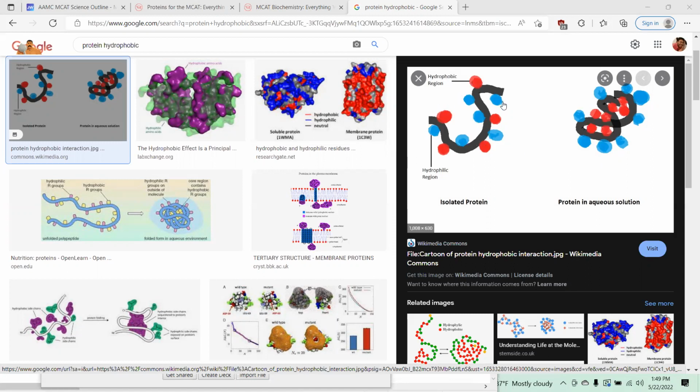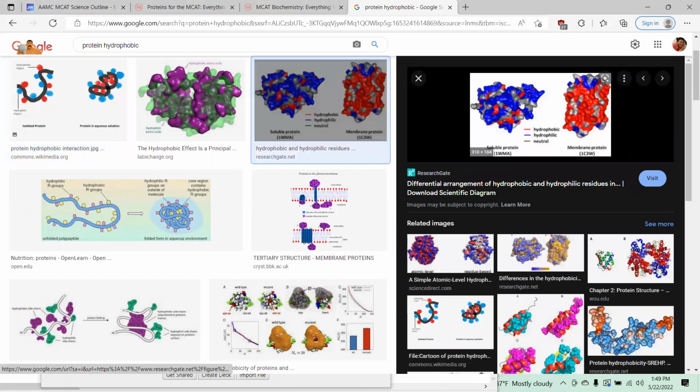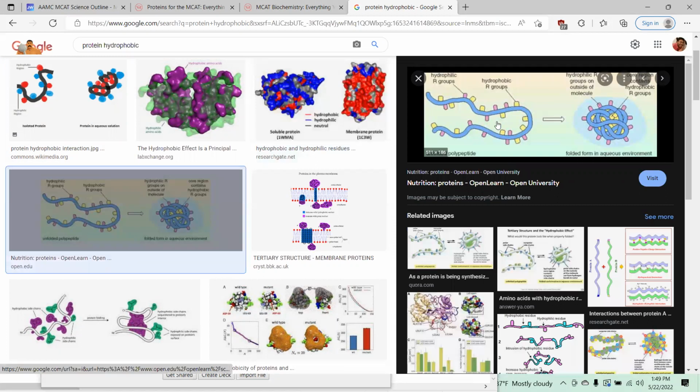So when the protein arranges itself, the hydrophobic amino acids are all going to bunch together in the center away from the water. And it's actually kind of cool. All naturally, just because it's the best way for it to fold.